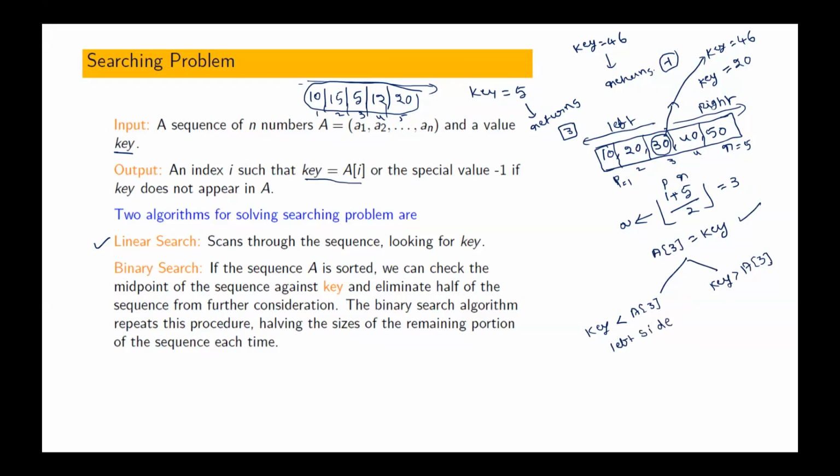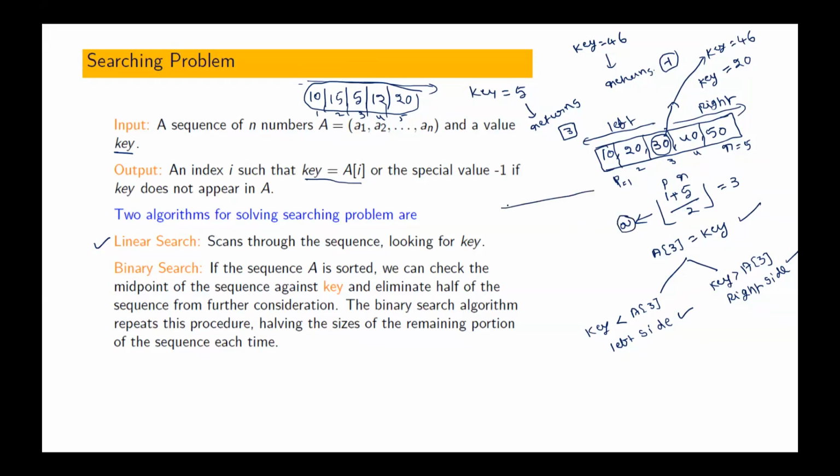If the key is greater than A of 3, then only the right side we search. Is that okay? So left side means what? If the middle is 3, what is its left part? Or in general, if the middle is Q, what is its left part?